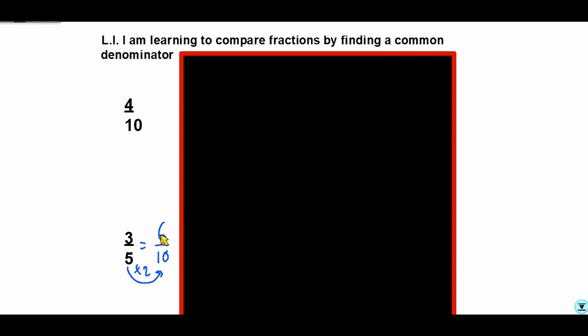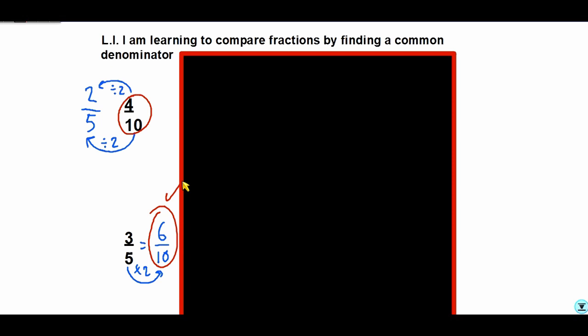However, the opposite is also true. I could actually turn these tenths into fifths as well. And I would do that by dividing by 2, which means I'll need to do the same here. I'll also need to divide by 2 there. So I would have 2 fifths. Now, no matter what way I slice it, you can still compare them very easily. So we could compare 4 tenths with 6 tenths, and we can see that 6 tenths is the bigger one.